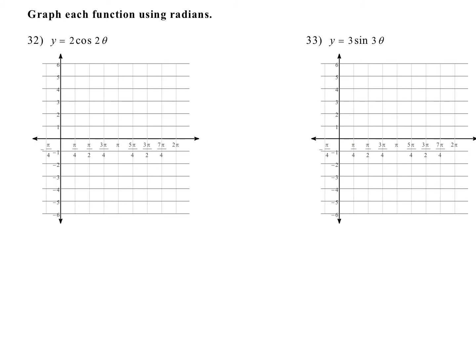Now our last two problems, numbers 32 and 33, are graphing trig functions in terms of radians. So we look at the first one, we've got a cosine function. Cosine functions are in the form y equals a times the cosine of b theta, where to find our period, we take 2 pi and divide by b.